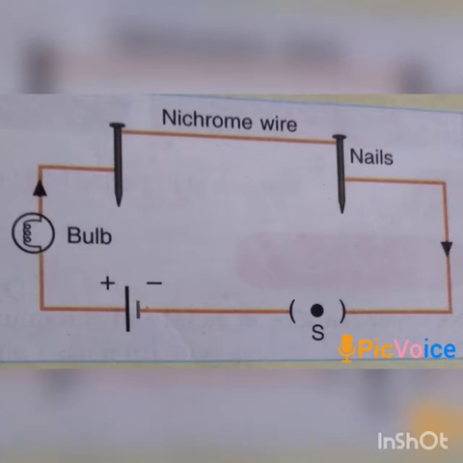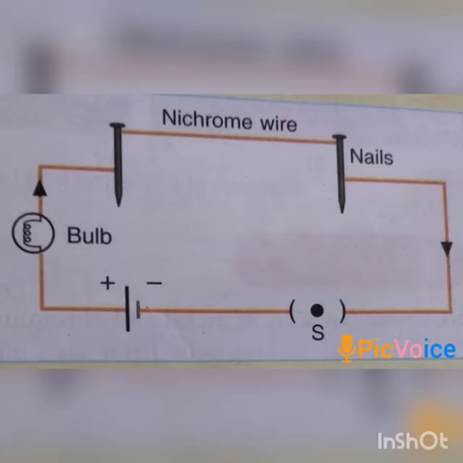Now, by a simple experiment, we can understand the dependency of heating on these factors. For that, we have to take a piece of nichrome wire about 10 centimeter long and tie it between two nails.